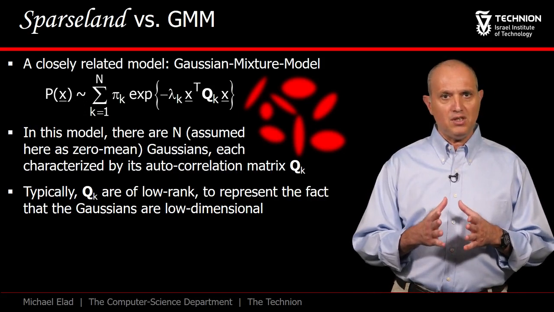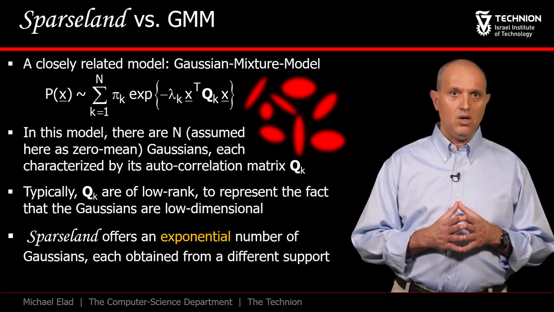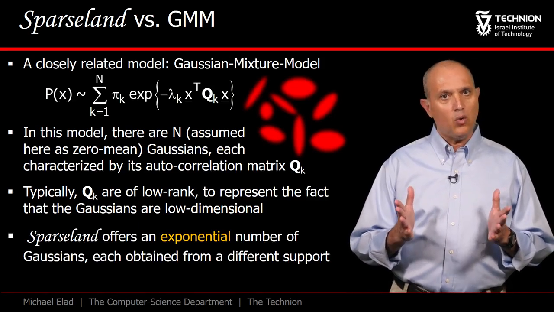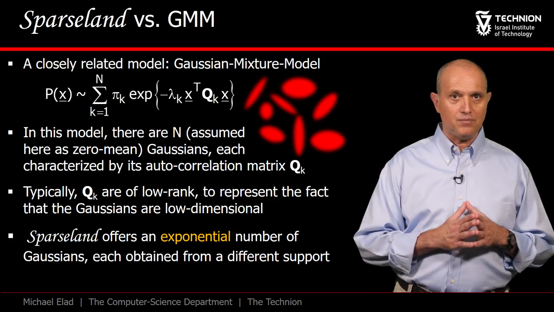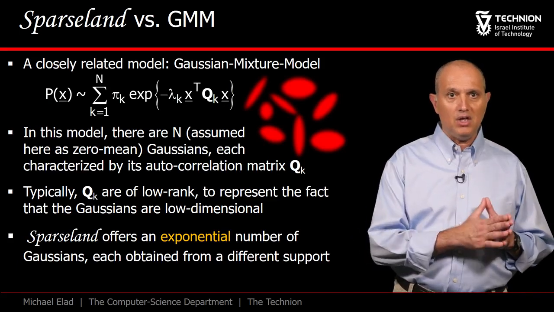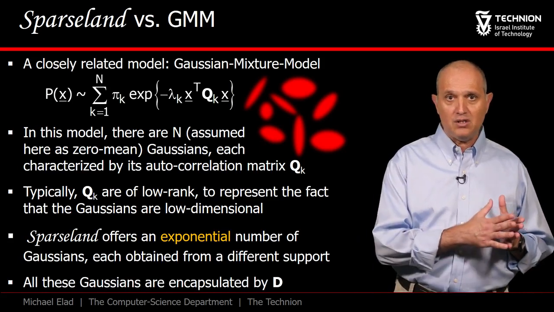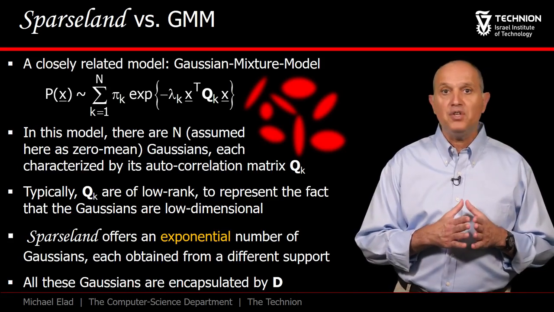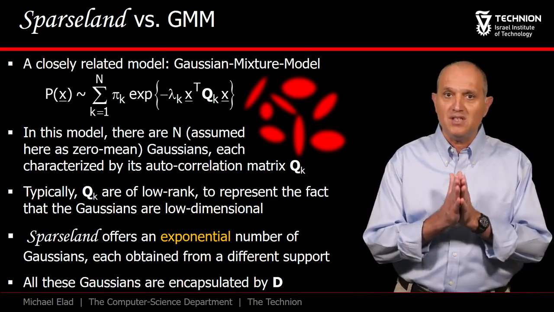Observe that for simplicity we assume that all the Gaussians are centered on the origin. What is the relation to SparseLand? Well, every support in D leads to such a low-dimensional Gaussian. And thus, our model is a special kind of GMM, where n, the number of Gaussians in the mixture, is simply huge. And all these Gaussians draw their autocorrelations from the single matrix D.